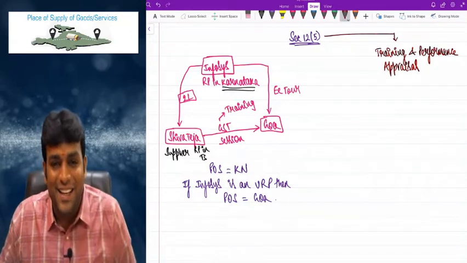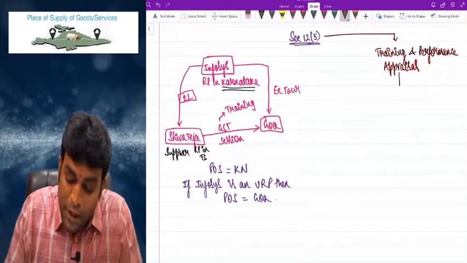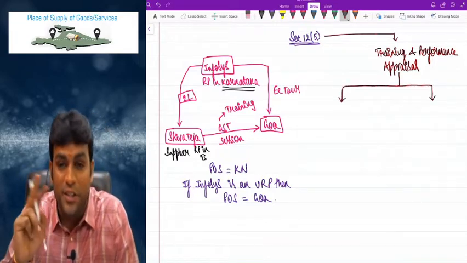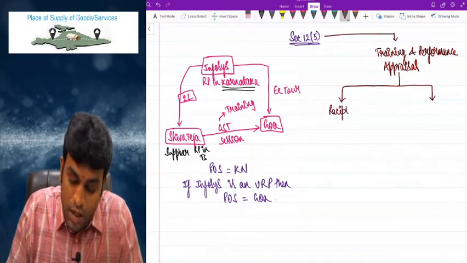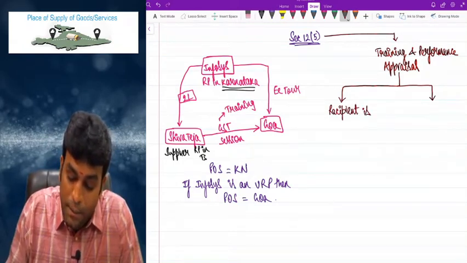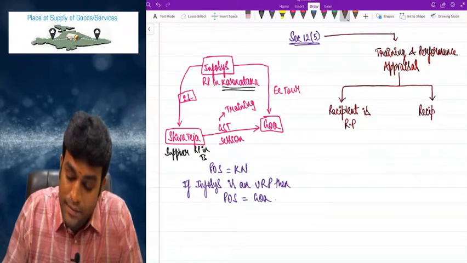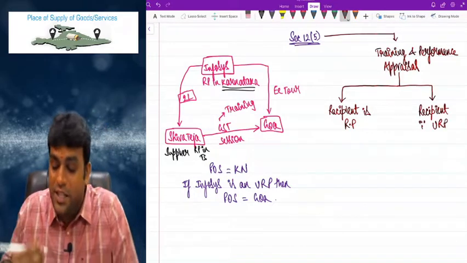Training and performance appraisal services. For these services, my dear friends, we will divide the things into 2 parts. The 2 parts are: recipient is a registered person, and on the other side, recipient is an unregistered person.